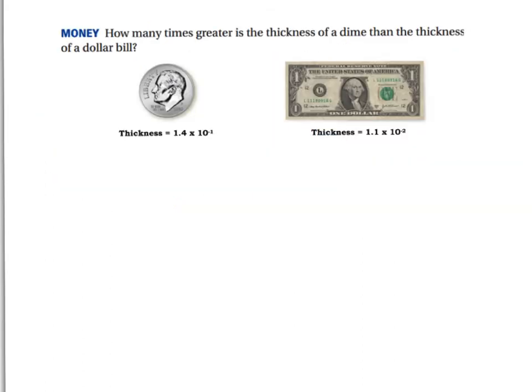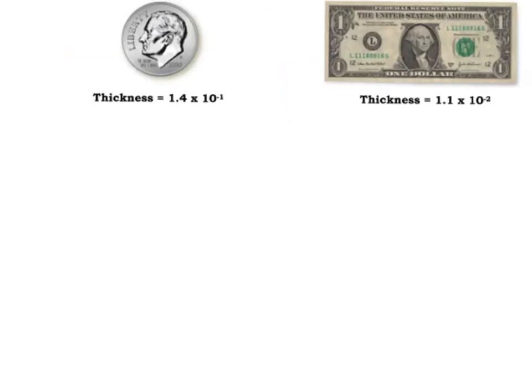So let's try a practice problem. How many times greater is the thickness of the dime than the thickness of the dollar bill? Well, I'm going to first look at my decimals to see which one is larger. So we know that the thickness of a dime is greater because this number is greater. So we're going to put this on the top, 1.4 times 10 to the negative 1 over 1.1 times 10 to the negative 2.